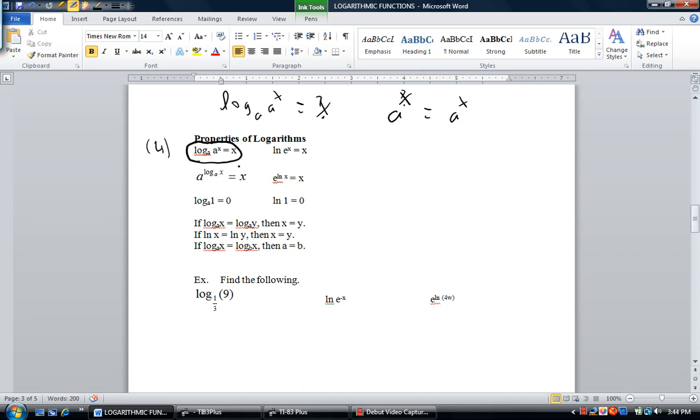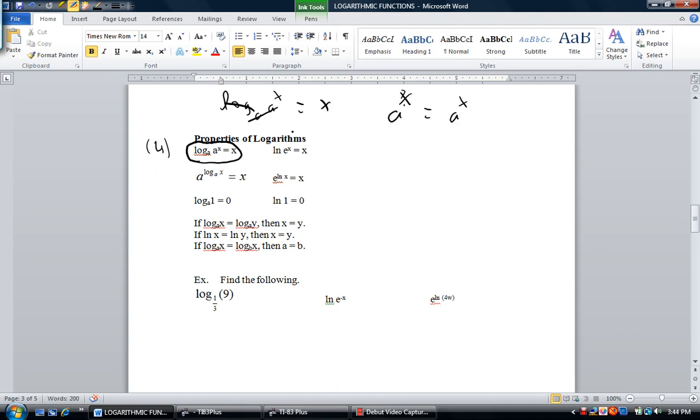If you want to think about the easiest way to think of it, you may want to think this. The base of the log and the base of the exponent are the same, therefore they cancel out. That means the log cancels with it because they're attached, which only leaves the x. That's an easy way to think about it.